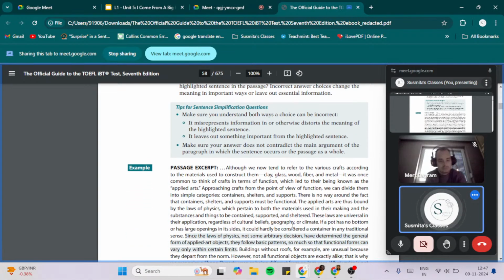So over here you will get one sentence which will be highlighted, for which you will be asked to choose a replacement. That is how it will be in the exam. Now make sure your answer does not contradict the main argument of the paragraph also. So you have to stick to the whole main idea of the passage and the paragraph as well when you select the option.